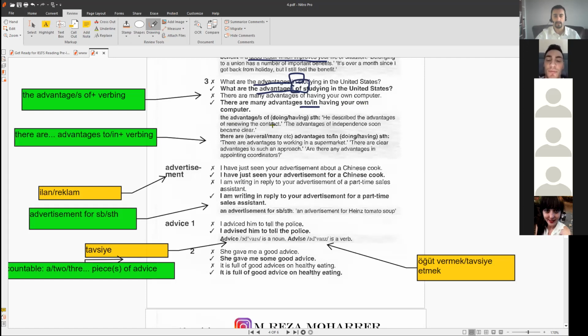All right, thanks. So what are the forms or patterns of using advantage? As you see here on the left in the green box, the advantage or advantages of plus verb in ing form, like this. So here we have advantages of studying, advantages of reading, advantages of living, advantages of believing.